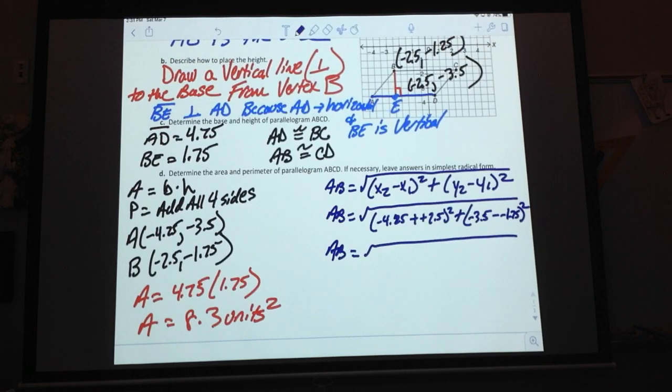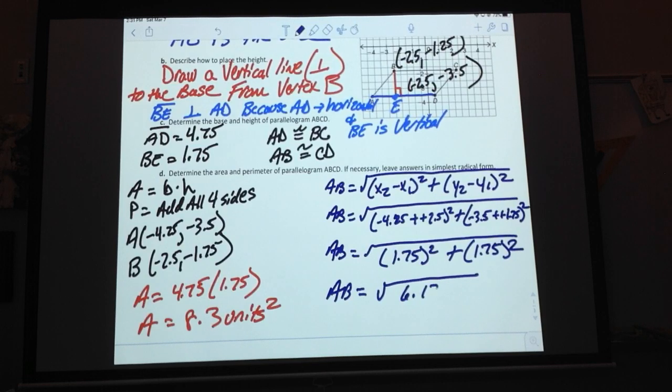Two negatives make it positive, two negatives make it positive, and underneath there I'm going to get 1.75 for the x's. And I'm going to get 1.75 for the y's as well. And all that's squared. And I'm going to get the square root of 1.75 squared plus 1.75 squared is 6.125. Now, simplest radical form. That is going to be simplest radical form because it's a decimal, right?